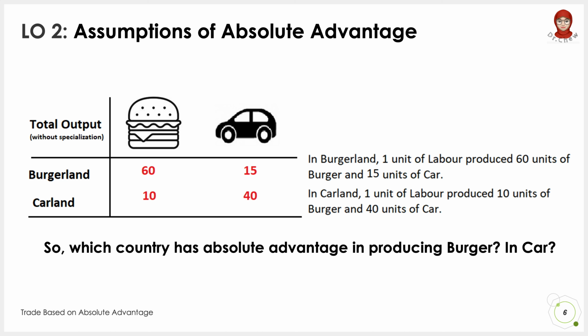Here, both Burgerland and Carland have the same unit of input, which is labor, in the production of burger and car. However, we can see that in terms of burger production, Burgerland can produce more burgers than Carland, whereas in terms of car production, Carland can produce more cars than Burgerland. Therefore, Burgerland has the absolute advantage in producing burger, while Carland has the absolute advantage in producing car.